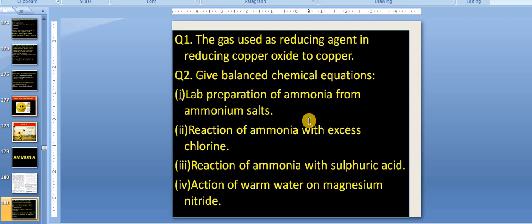Sir, dilute HCl does not entirely dissociate. See my dear, when you talk of dilute HCl, that is an acid, and everyone knows acids come under strong electrolytes, and strong electrolyte means it contains only ions.